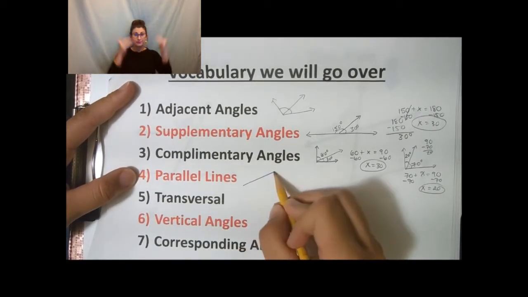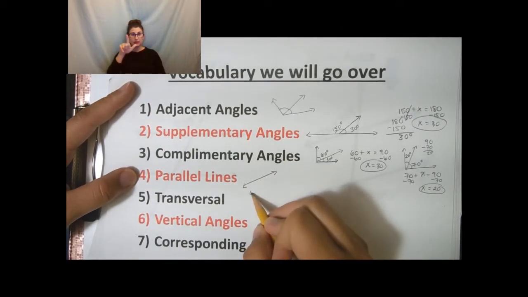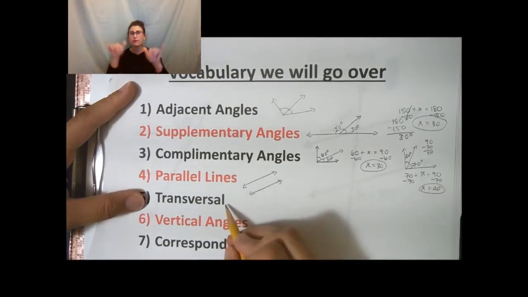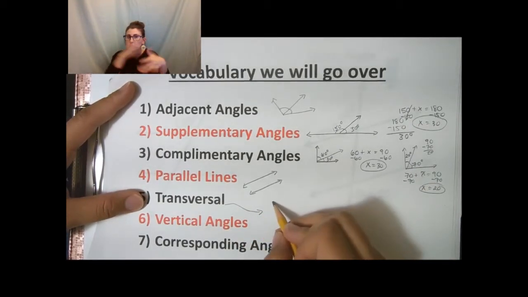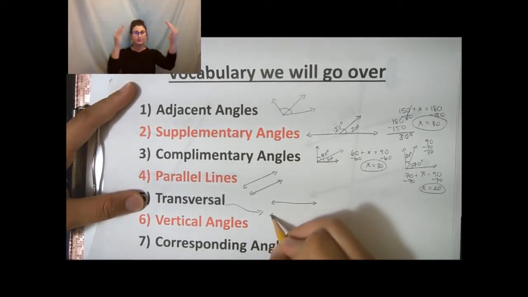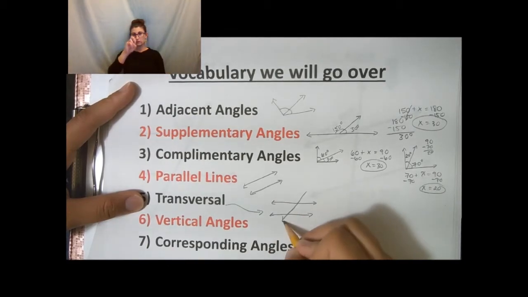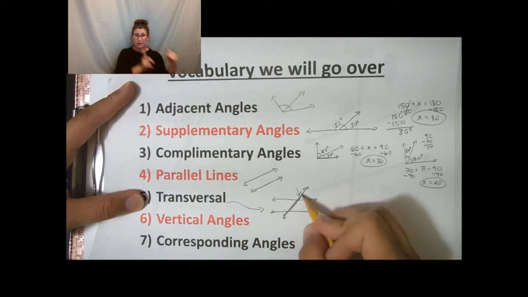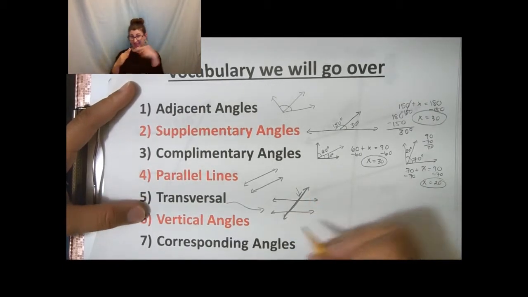Parallel lines are two lines that go on forever that never intersect. So they're parallel, they never touch. Transversal is a line that cuts through parallel lines. This is my transversal right here. This one right here. Okay.